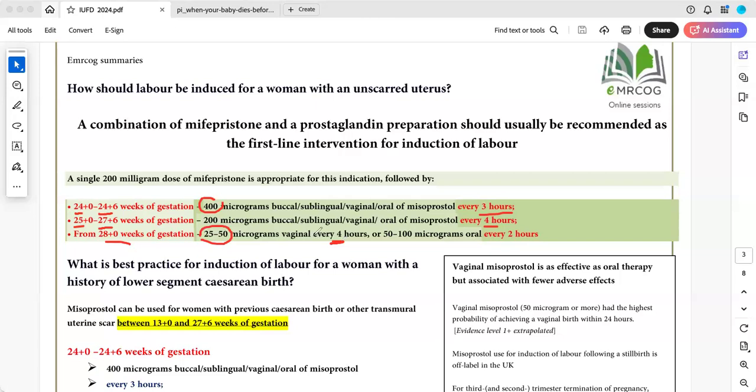So you see, the dose is much reduced per day. Now let's look at the oral: this is 50 to 100 microgram oral every 2 hours from 28 weeks. You can see the frequency is higher.